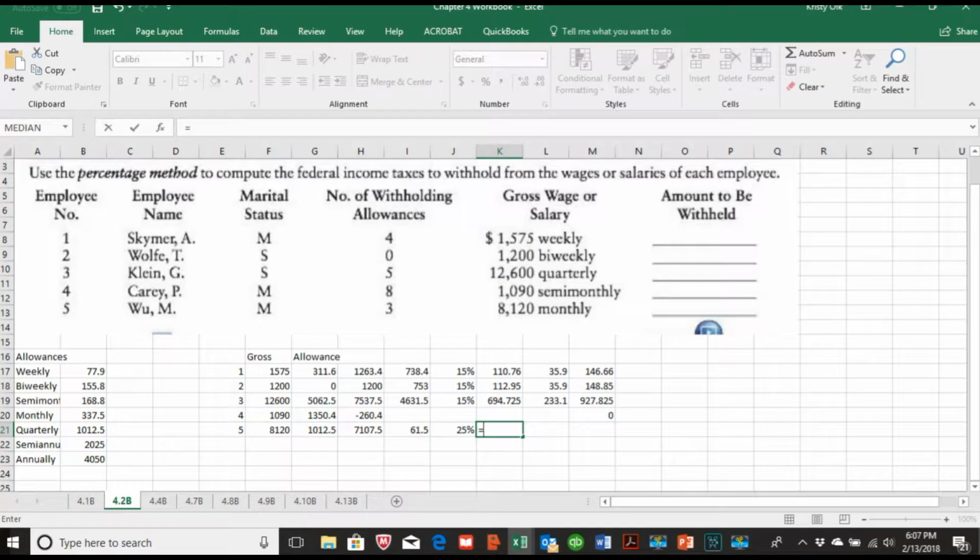So that gives us $15.38 that we will be adding to the $871.05 for a grand total of $886.43.